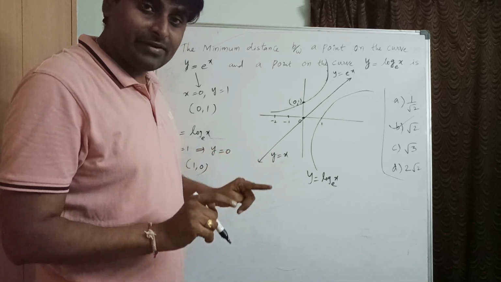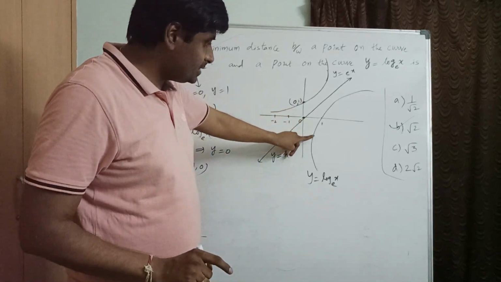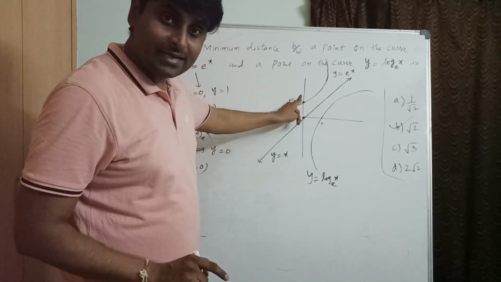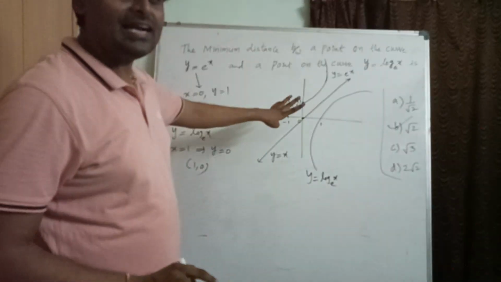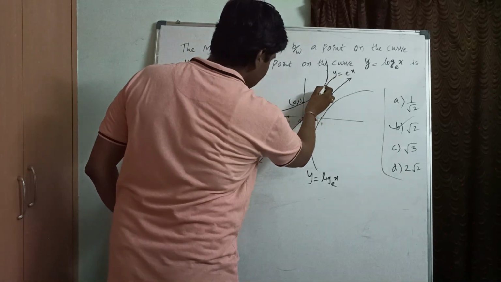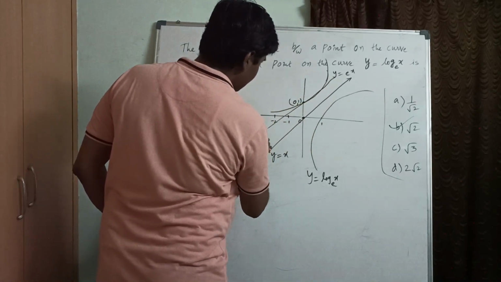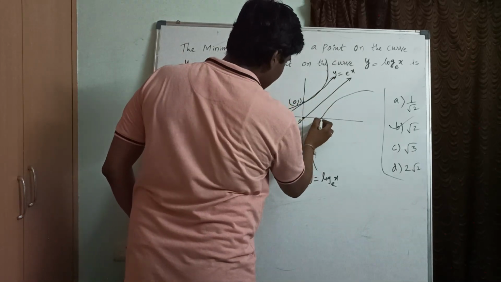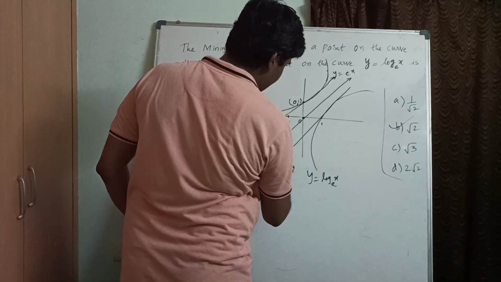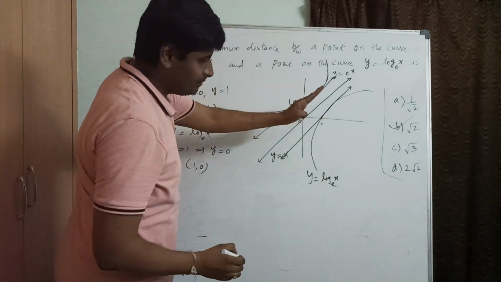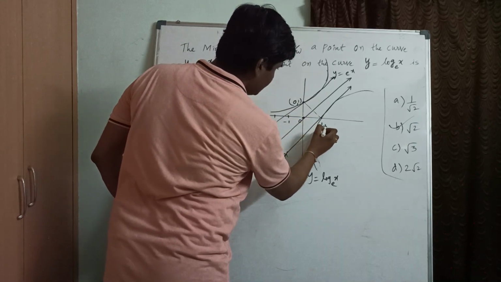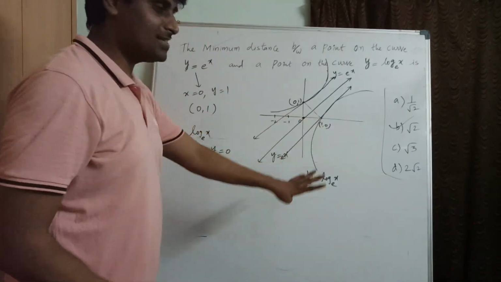Shortest distance between these two curves is the distance between the points of contact of their parallel tangents. So through this I can draw one parallel tangent, and this also I can draw one parallel tangent. So these are parallel, imagine. So the distance between them is the shortest distance.